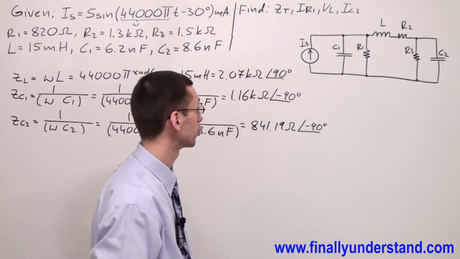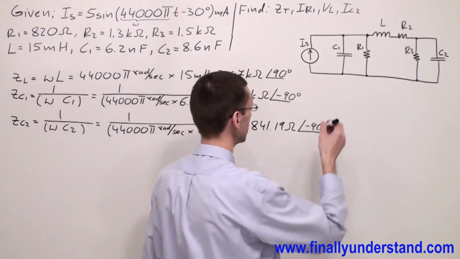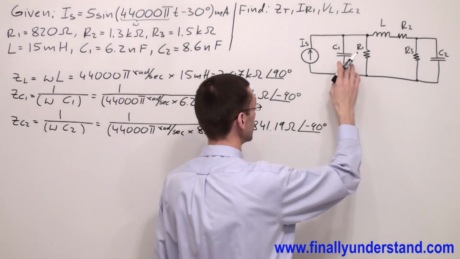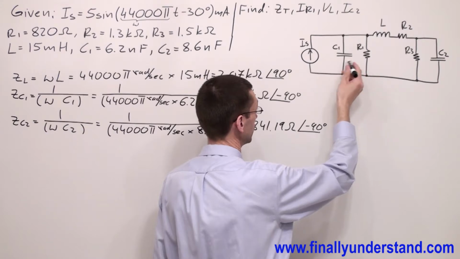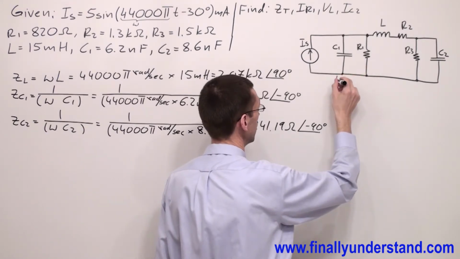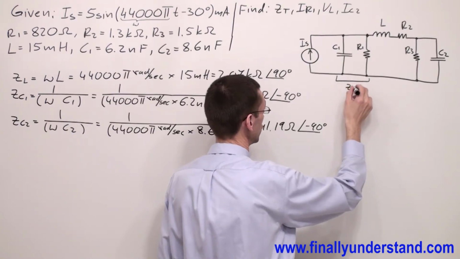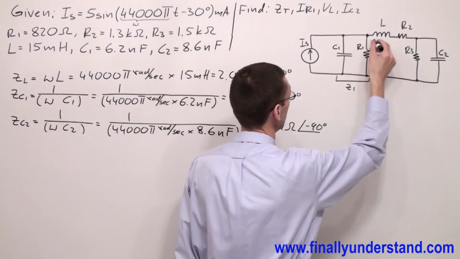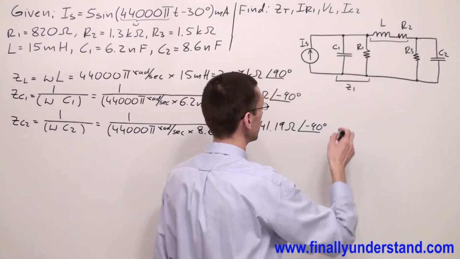Next, we're supposed to find the total impedance. In order to find total impedance, I'm going to find first the impedance for these two components, and please notice that both of them are connected in parallel. That's why I'm going to call these two components together Z1, impedance Z1. These two components, inductor and resistor, are connected in series.